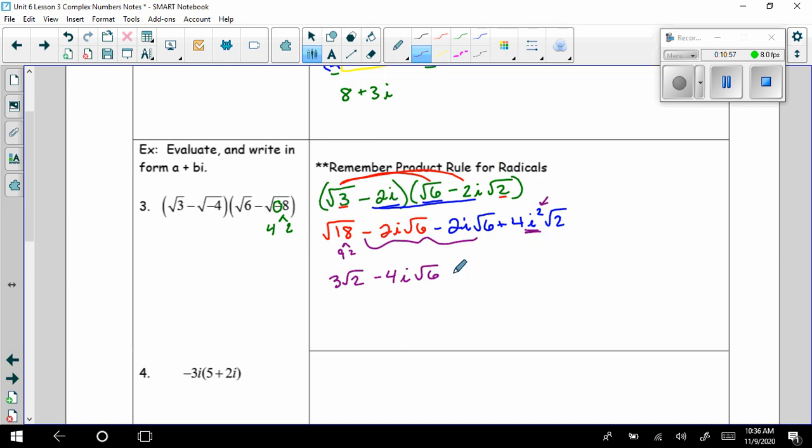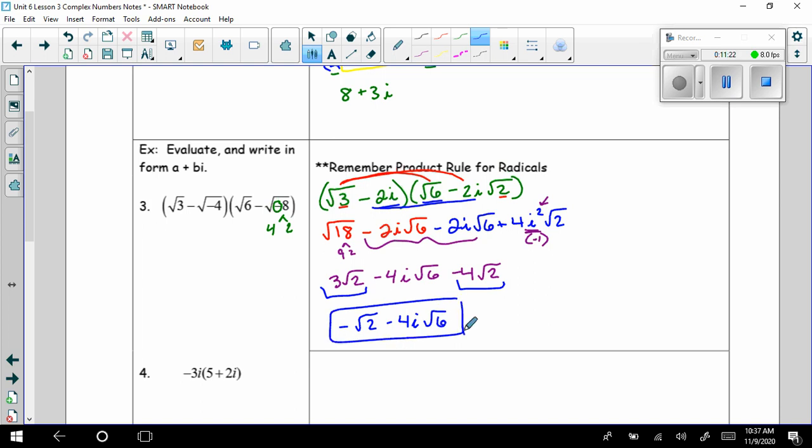So this becomes minus, because remember this is negative 1, 4 root 2. Well, now I'm not done, because by doing that, I created another like term that I need to combine. So 3 root 2 minus 4 root 2 is negative root 2, minus 4i root 6 would then be my final answer.